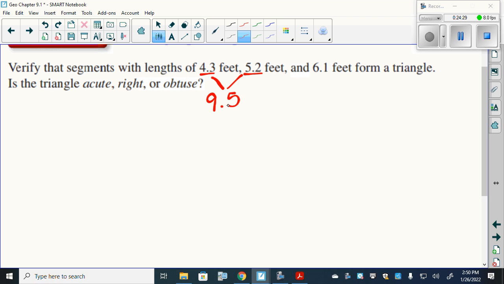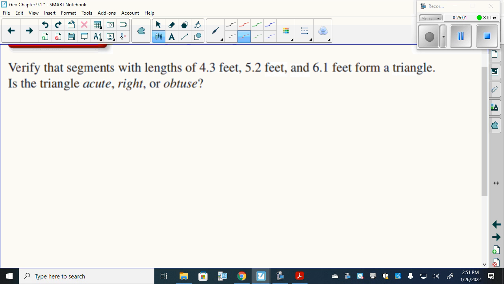Really this part is just making sure it is a triangle. Because if these two add together and are greater than 6.1, then it does work. So this is a triangle, and all the ones, especially on the homework, will be triangles. They will all work out.